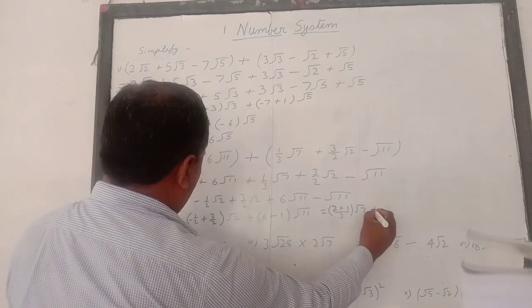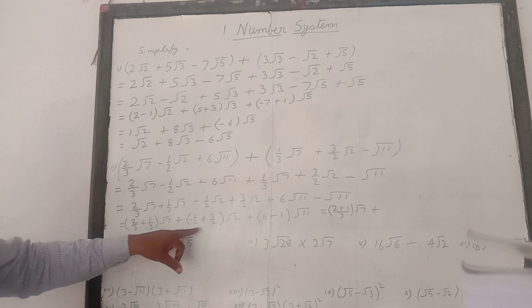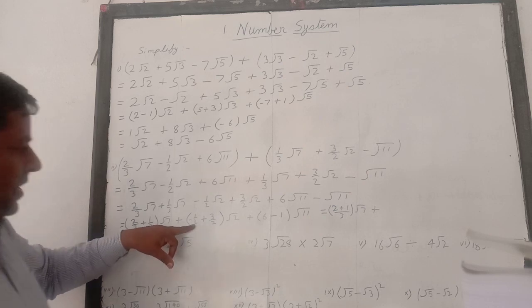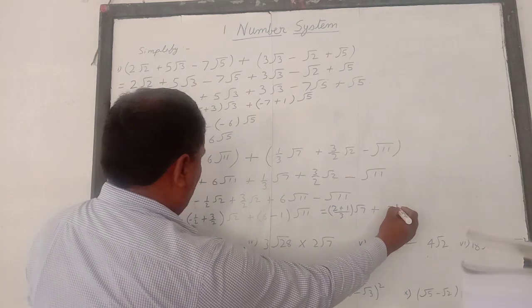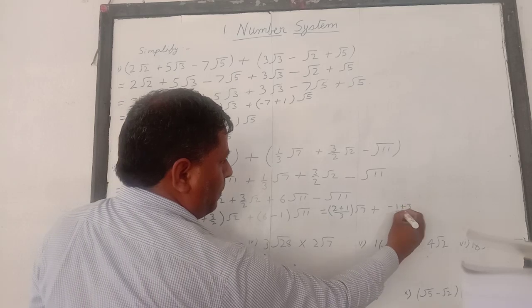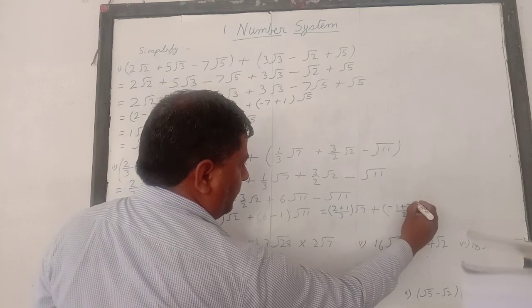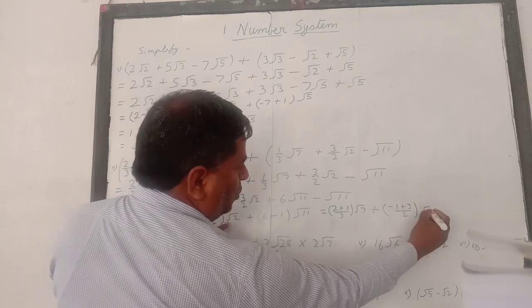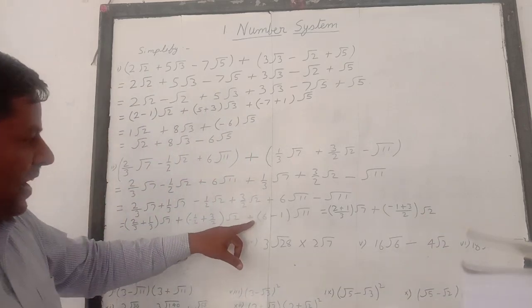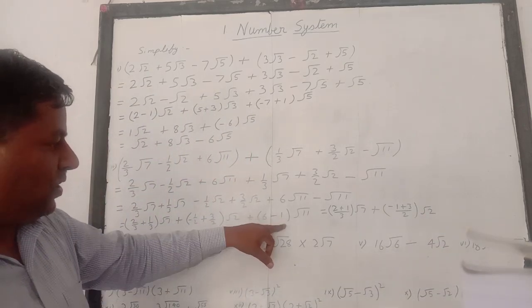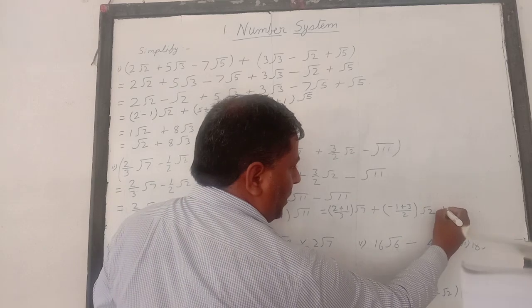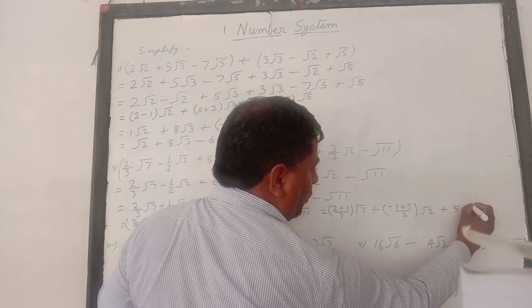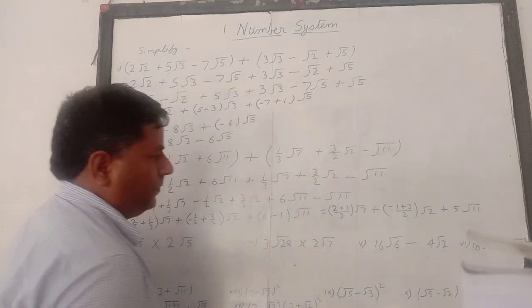Next plus, again here the denominator is the same, 2 and 2. So we can write (minus 1 plus 3) by 2 into root 2. Next we have 6 minus 1. So 6 minus 1 is 5. So we can write here plus 5 root 11.